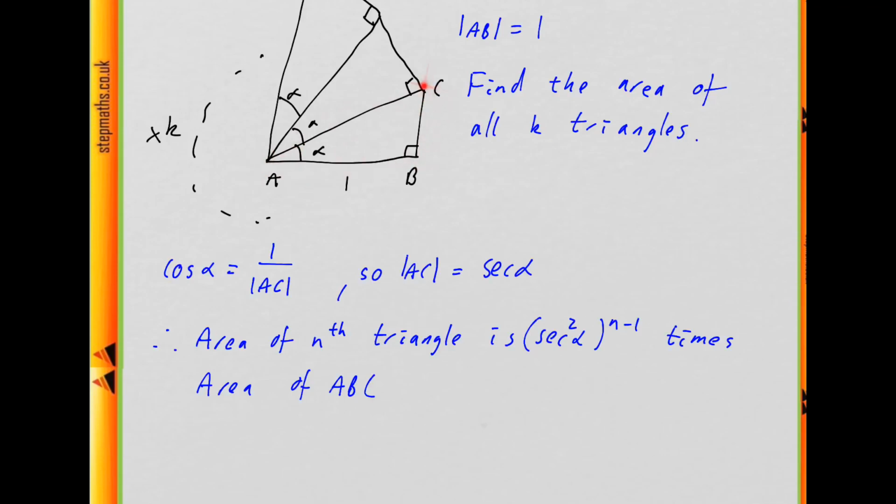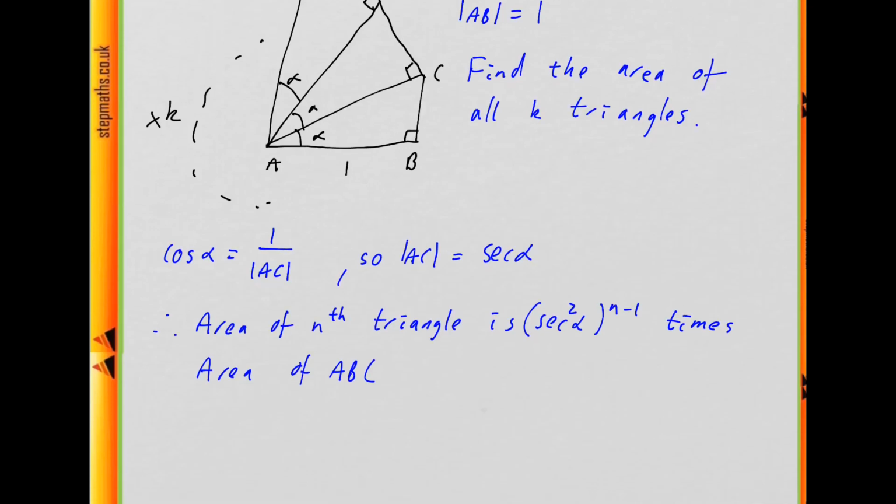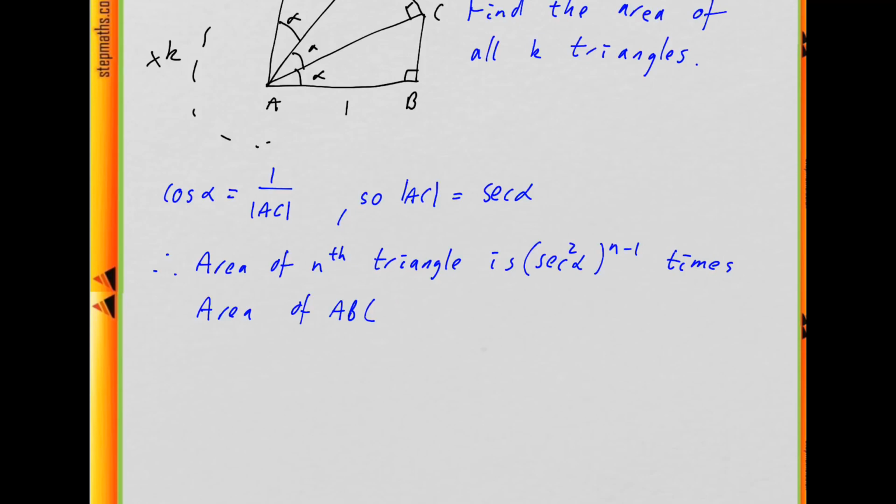So once we know the area of this first triangle, then we can multiply them all by sec squared, and we have a geometric series which we can add up. So let's try and work out the area of triangle ABC. Well, we can just do half base times height.